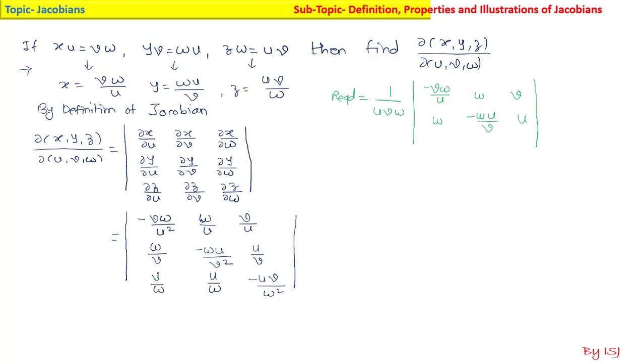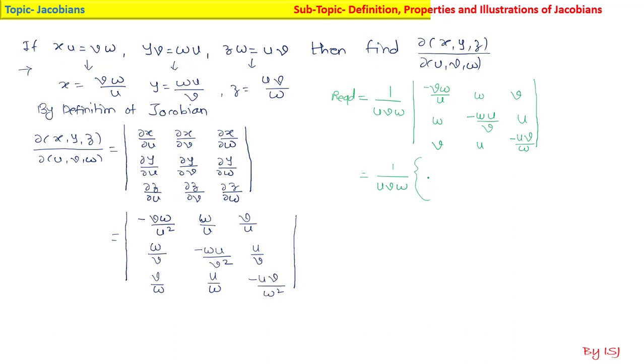From the third row we have taken 1 upon w outside. So it is vu and minus uv upon w. So it is equal to 1 upon uvw times this determinant.